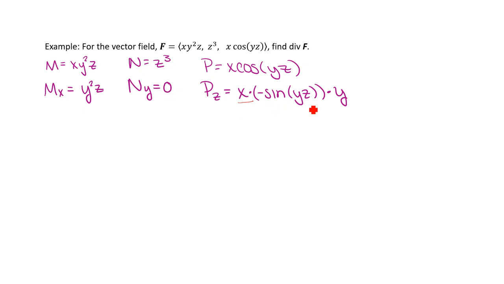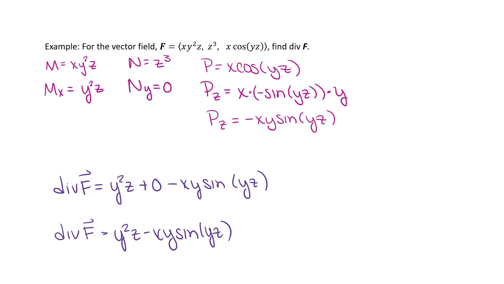I get a negative sine of yz, and then there's the chain rule part. I have to multiply by the derivative of the inside. Derivative of yz is y. And then finally, we are going to add these things together to get our answer. So divergence of vector field f is y squared z plus 0 minus xy sine of yz.